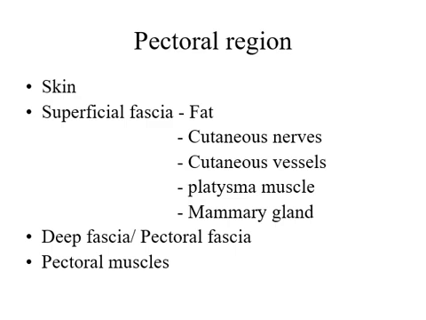In the superficial fascia, there are fat, cutaneous nerves, cutaneous vessels, platysma muscle, and mammary gland. Deep to this, you will get deep fascia. And after reflecting the deep fascia, you will get the pectoral muscles. So today we are going to concentrate on the mammary gland and the pectoral muscles.